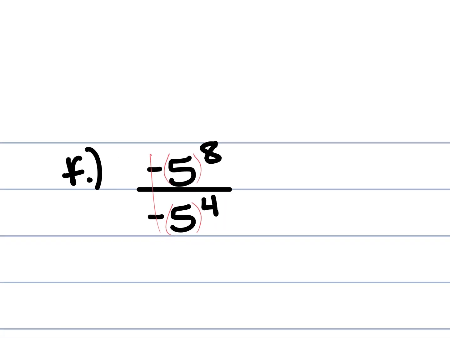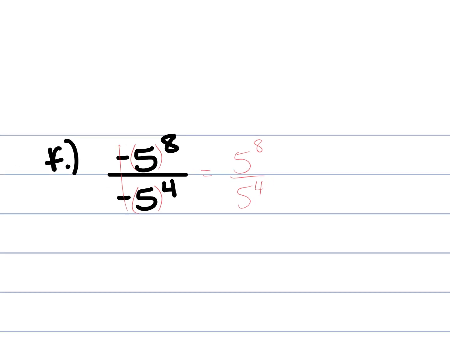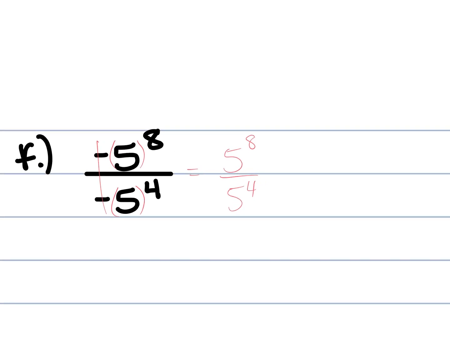So, we have 5 to the 8th over 5 to the 4th. Write that down. It's 5 to the 8th over 5 to the 4th. What do I do with 5 to the 8th divided by 5 to the 4th? Gage? You want to bring the 5 to the 4th up so you can make that negative so that the 5 to the 8th doesn't turn into a negative.